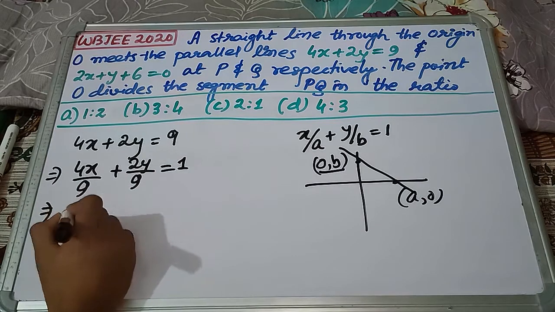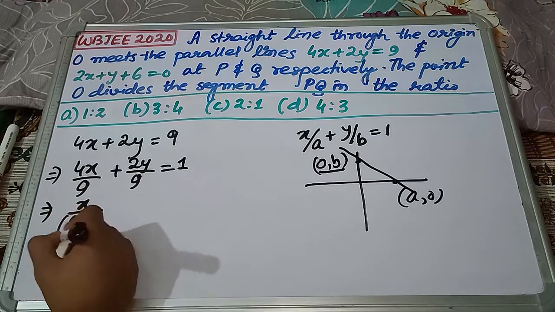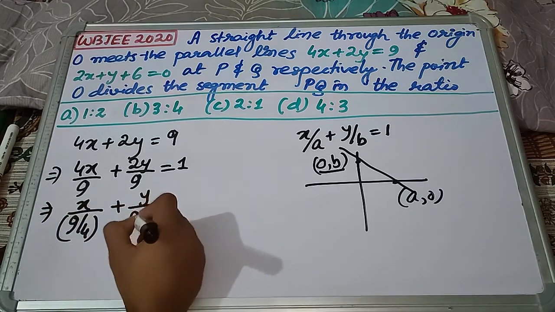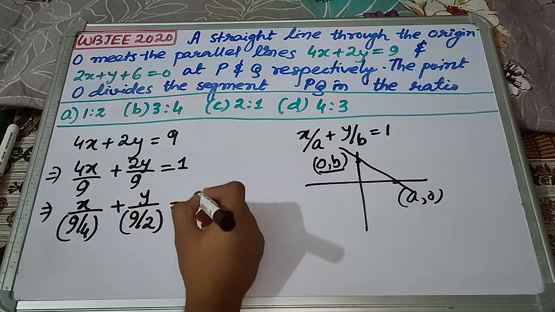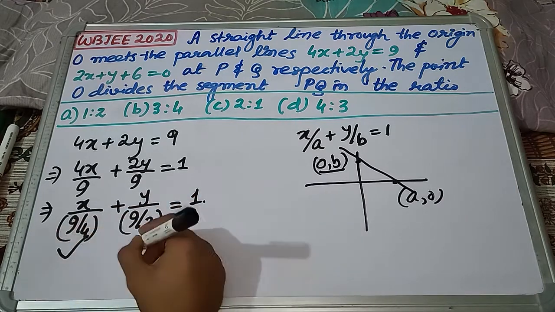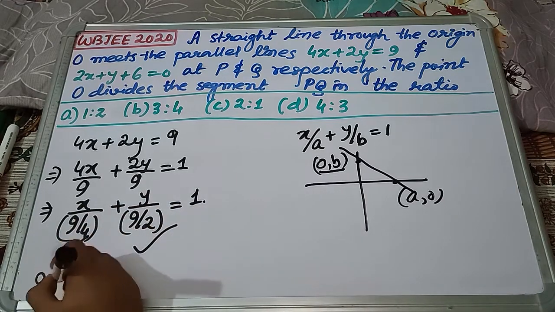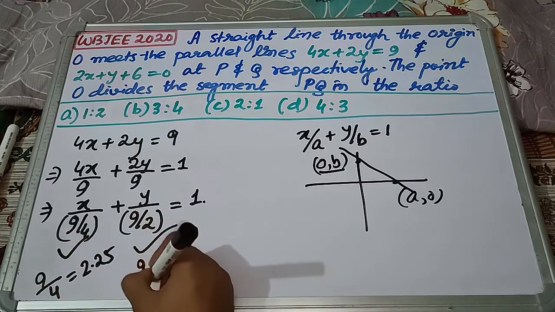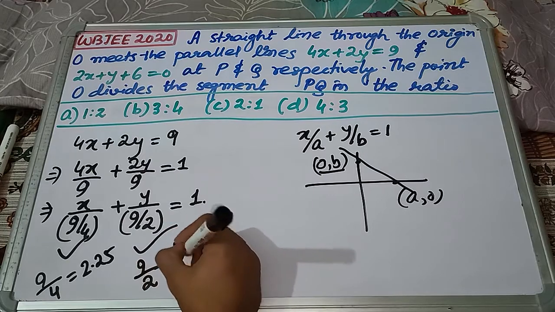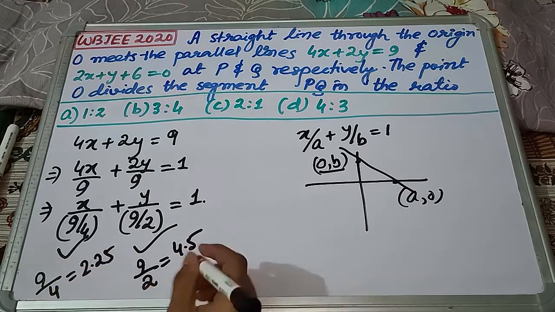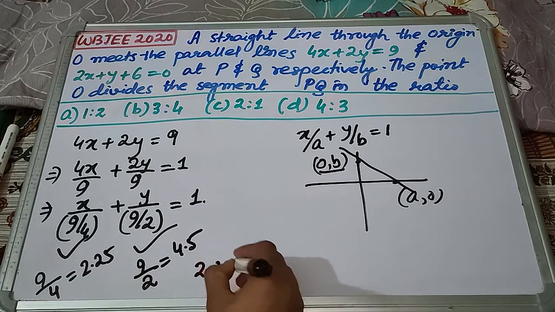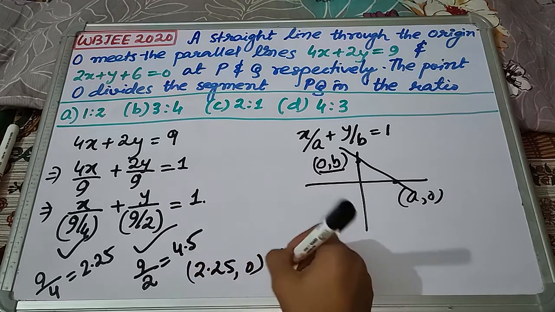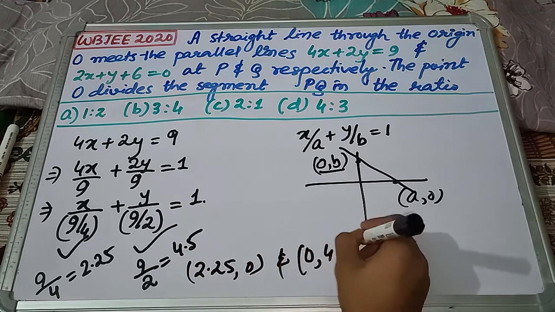So this becomes x by 9 by 4 plus y by 9 by 2 equals 1. So this is our a and this is our b. 9 by 4 corresponds to 2.25 and 9 by 2 corresponds to 4.5. Therefore, we have 2.25 comma 0 and 0 comma 4.5.